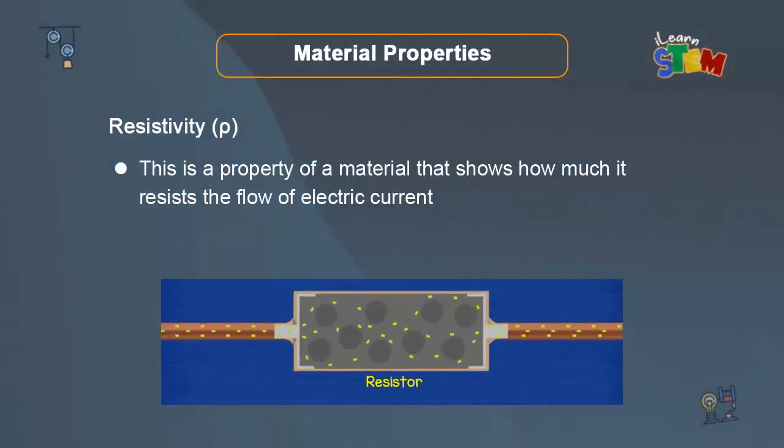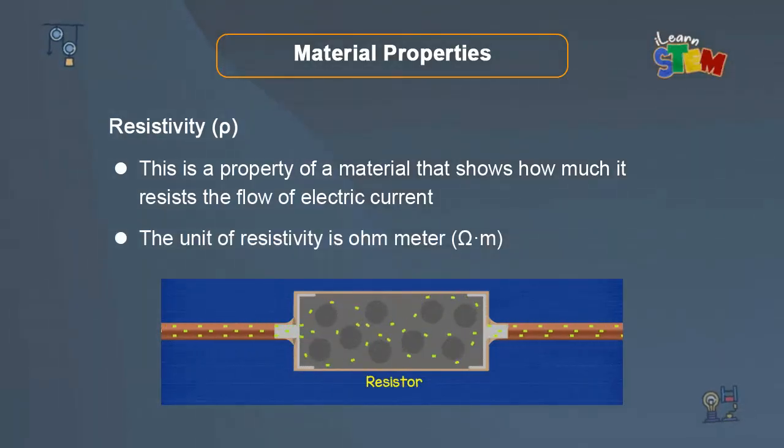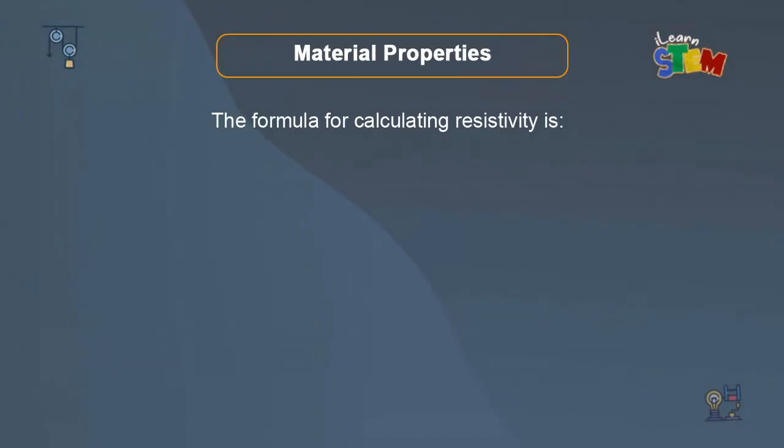Resistivity is a measure of how strongly a material resists the flow of electric current. It tells us how much opposition a material offers to the movement of electrons. The unit of resistivity is ohm meter, Ωm. The formula for calculating resistivity is ρ equals R multiplied by A divided by L. This means that resistivity is equal to the resistance of the material multiplied by its cross-sectional area, divided by its length.